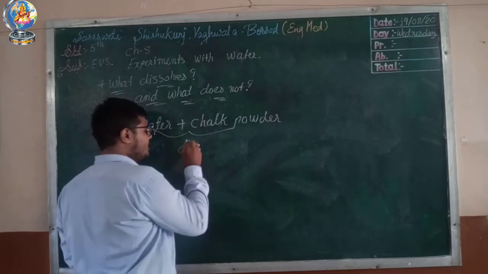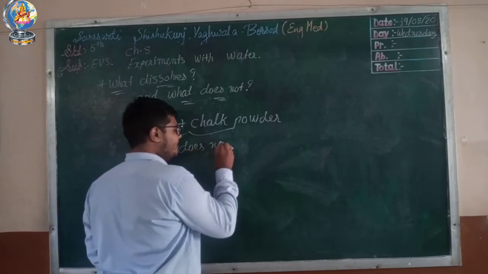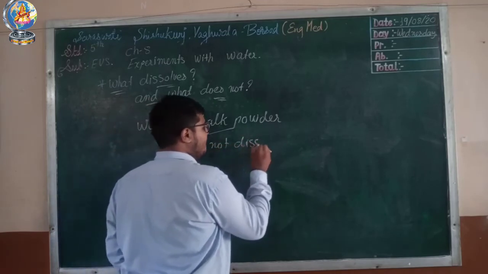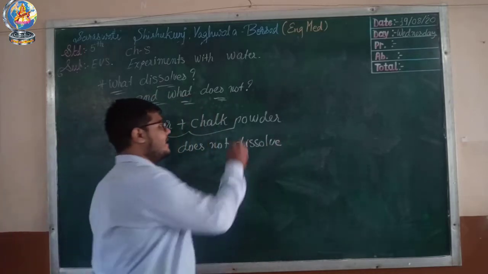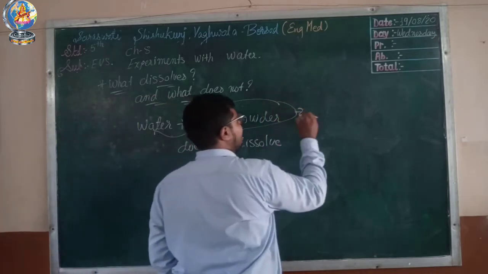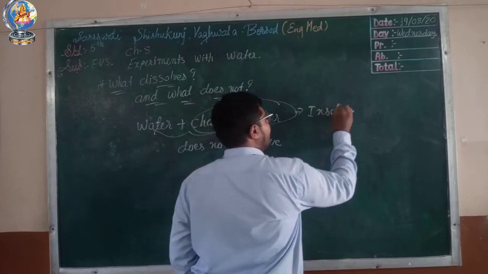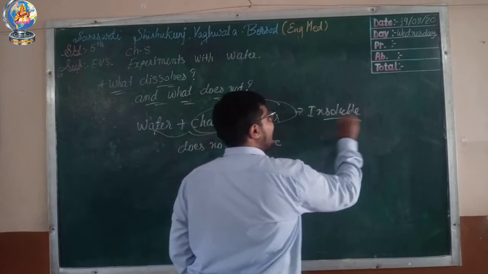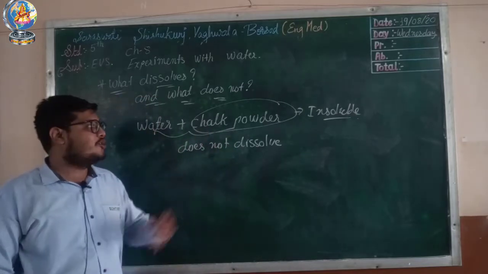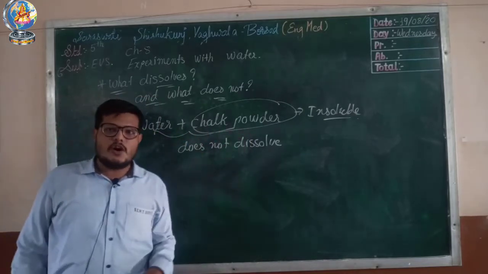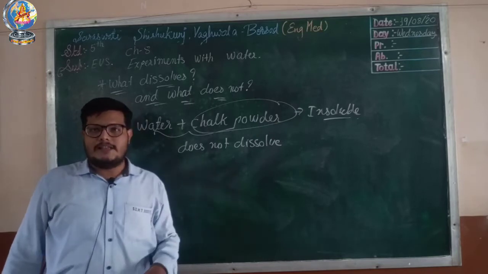No, it does not dissolve. So we can say chalk powder is insoluble in water, an insoluble substance. When you add chalk powder in water and it does not dissolve, it means it is an insoluble substance.